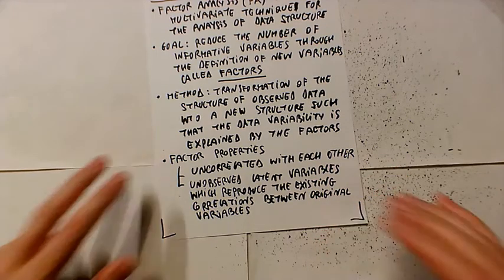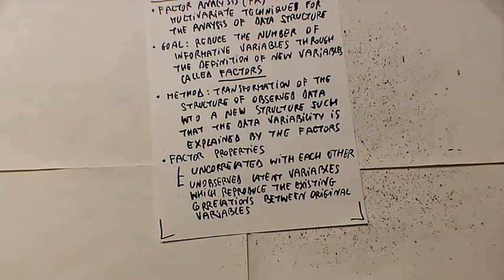Why? Because if we need to sum up the information from the point of view of the variables, we can say that we need to group some variables together. So this is a technique from this point of view similar to cluster analysis, but oriented to variables instead of being oriented to units.